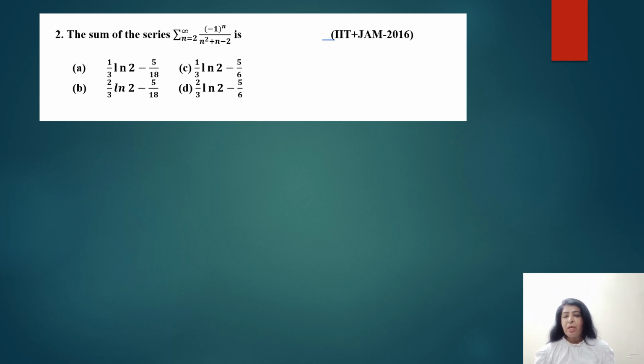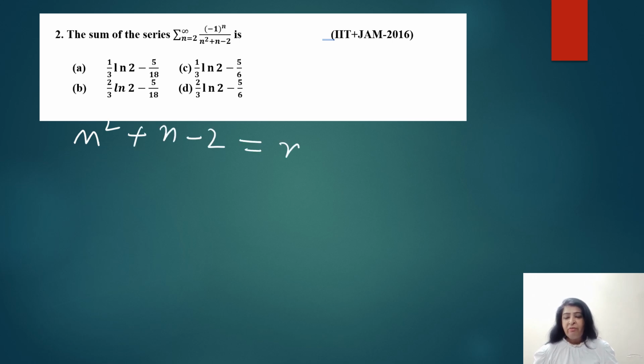You have the sum of the series sigma n varies from 2 to infinity, minus 1 raised to power n upon n square plus n minus 2. This is equal to any of these four options which are given to you. So what will we do? We will first factorize n square plus n minus 2.